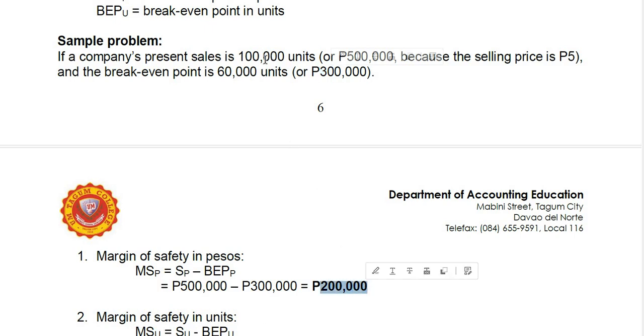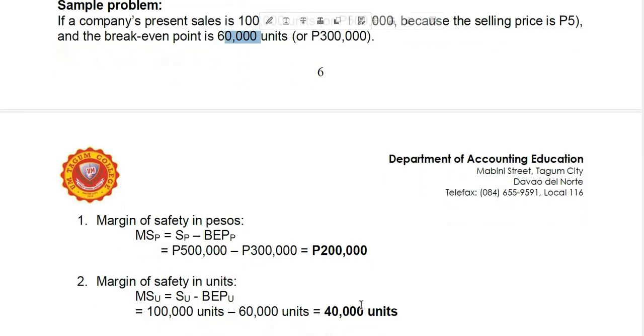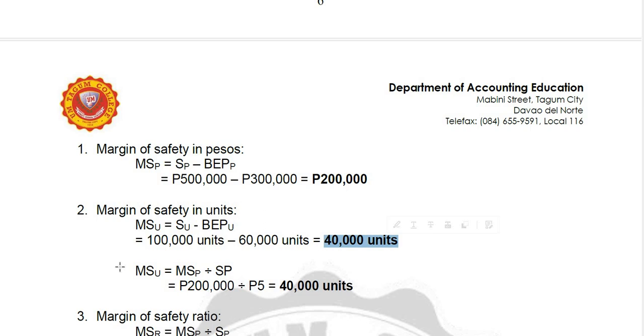So kung gusto naman in units, so that's 100,000 units minus 60,000 units. So para makuha yung margin of safety na 40,000. So if you want, pwede rin ganito, yung 200,000 mo na margin of safety in pesos, divide mo lang by selling price of 5 para makuha yung 40,000 units.